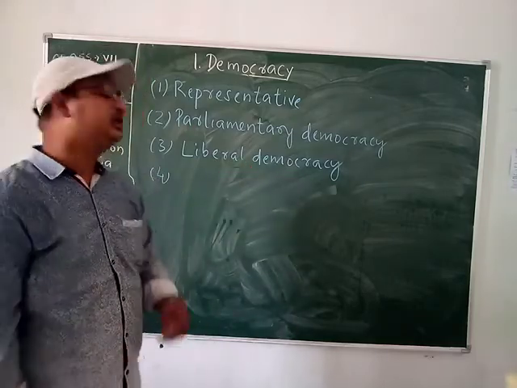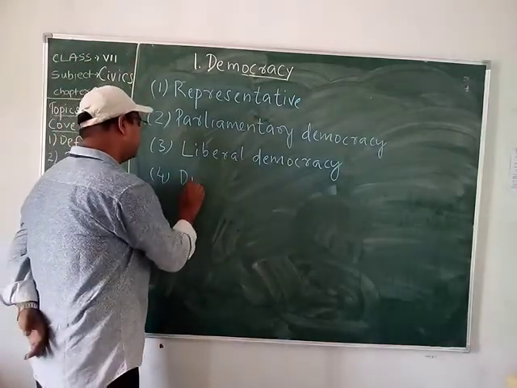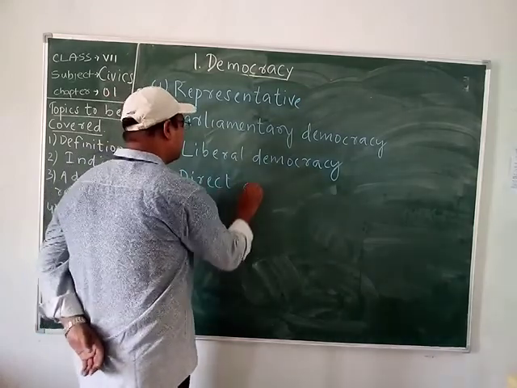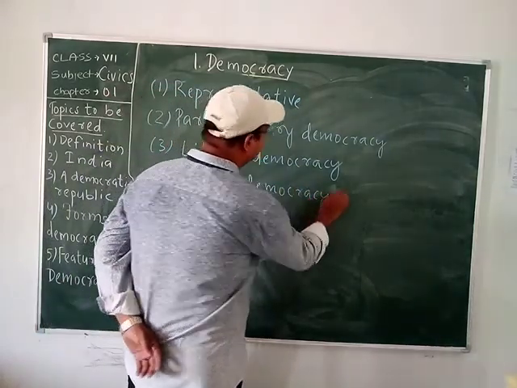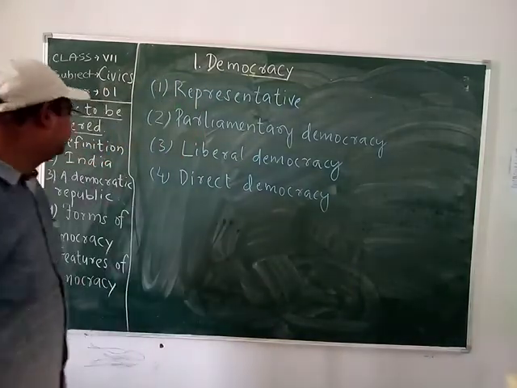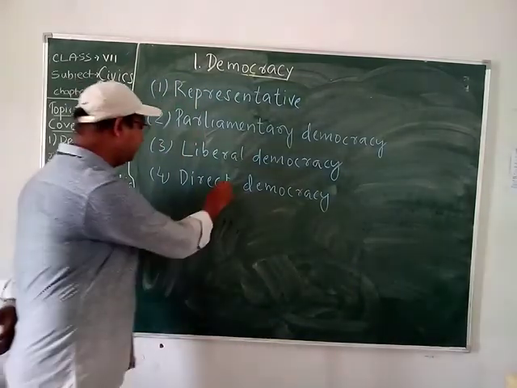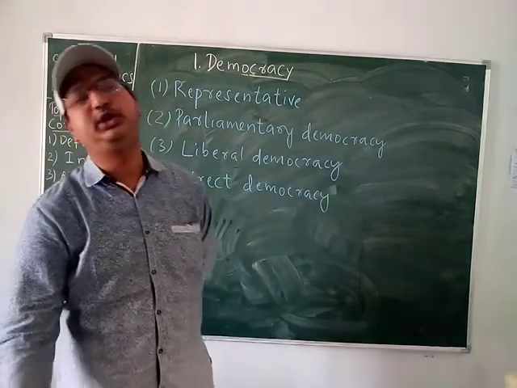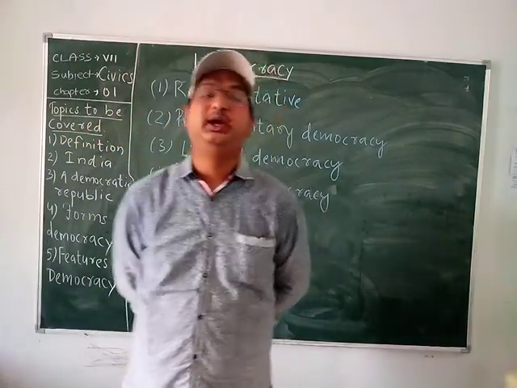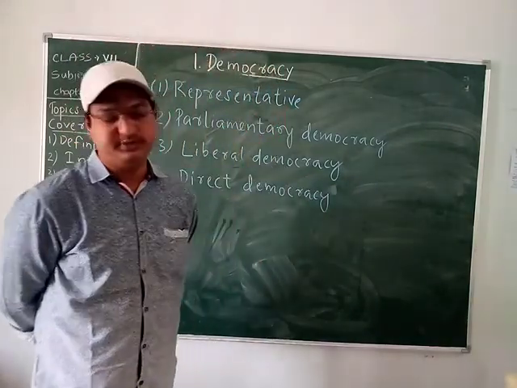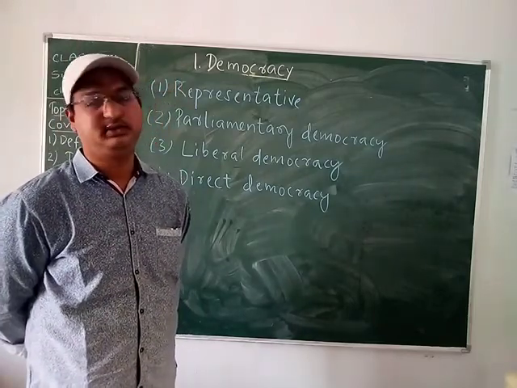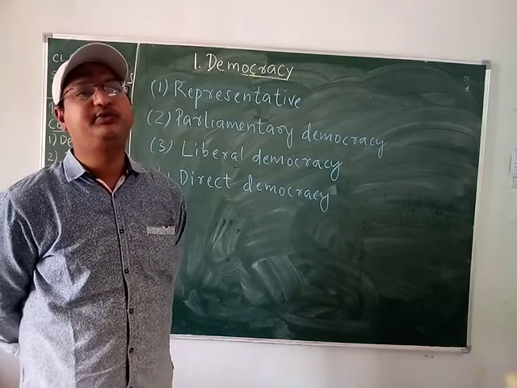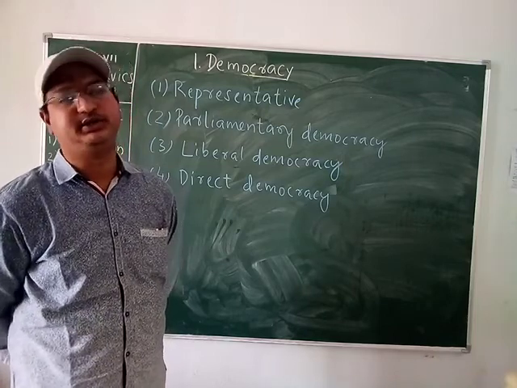Students, the next form of government is direct democracy. What is direct democracy? As we know the meaning of direct, it is a political system where the citizens participate in decision making personally, instead of relying on intermediaries or representatives.